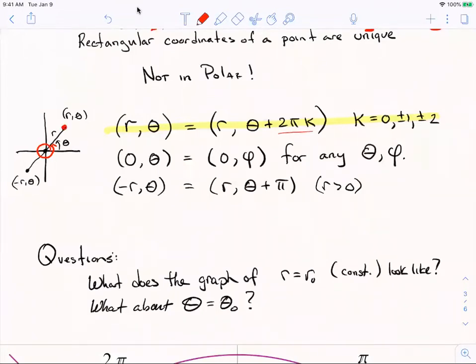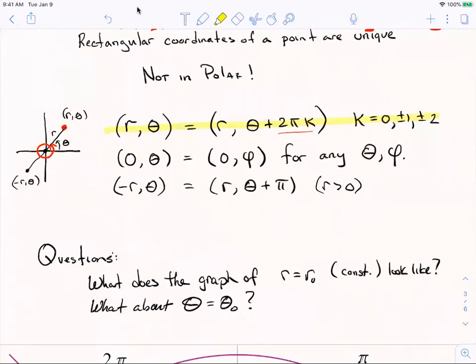Or if you did plus 4 pi or plus 6 pi, or subtract 2 pi or subtract 4 pi, you're just doing a whole turn. When you're done doing a whole turn, you're looking in the same direction. So it never happens in rectangular coordinates, but in polar coordinates, you can have different angles giving you the same point. If you always take your angle between 0 and 2 pi, then it's kind of unique, but we don't want to make that restriction.